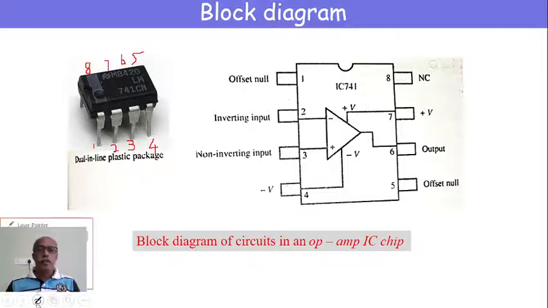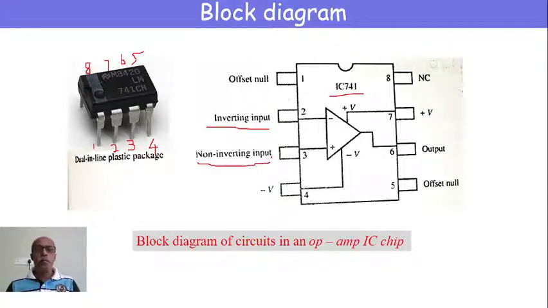It is shown like this, the block diagram of this op-amp consisting of 4 terminals on one side and the other 4 terminals on the opposite side. This is IC 741, and the first pin is offset null. The second is the inverting input terminal. The third pin represents the non-inverting input.